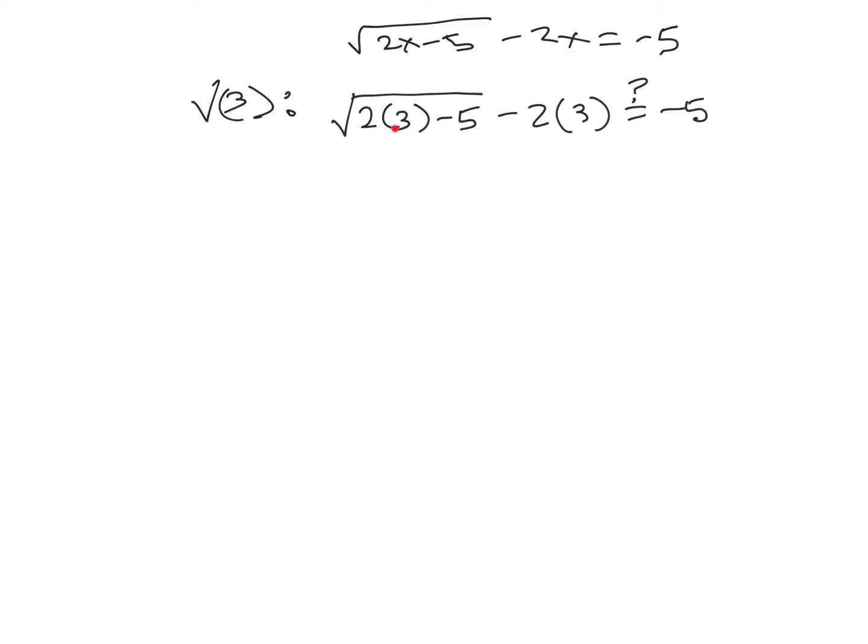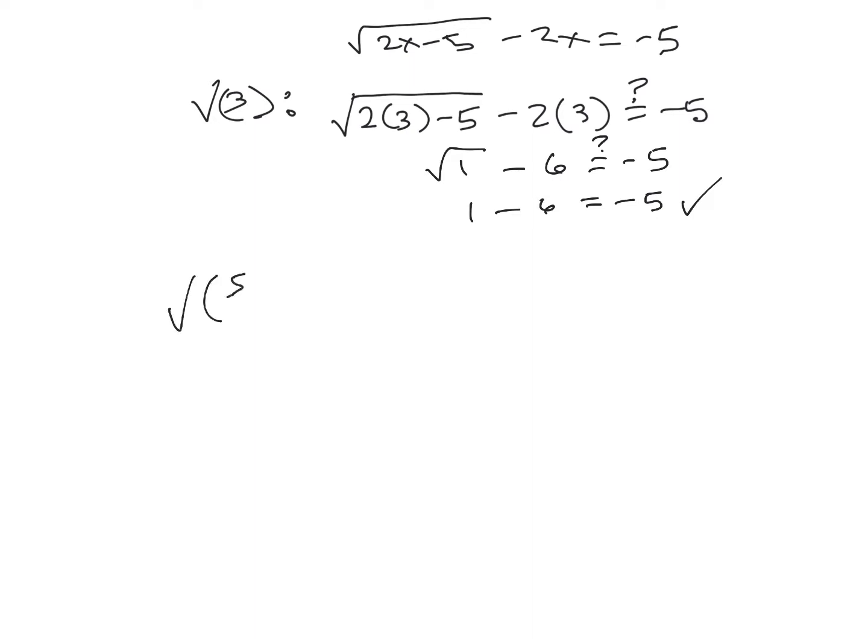Well, 2 times 3 is 6. 6 minus 5 is 1. So remember, the square root of 1 is an actual number. It simplifies. The 2 times 3 that's there is 6. Does that equal -5? Well, the square root of 1 is 1. 1 minus 6 is -5. It checks.